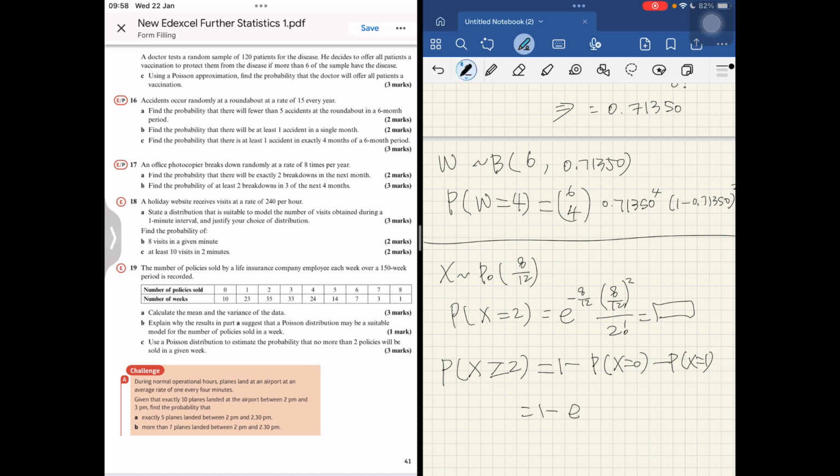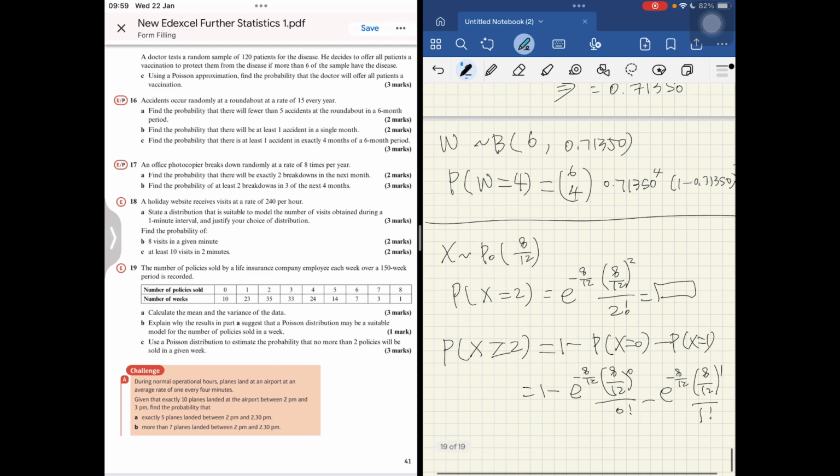So 1 minus e to the power of negative 8 over 12, 8 over 12 to the power of 0 over 0 factorial, minus e to the power of negative 8 over 12, 8 over 12 to the power of 1 over 1 factorial. Then you will find the probability here. Let's call it p.